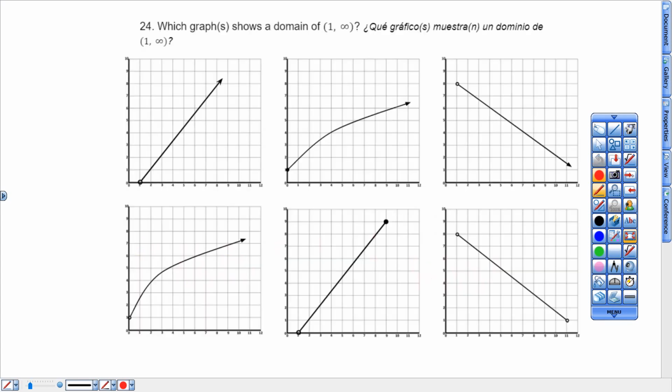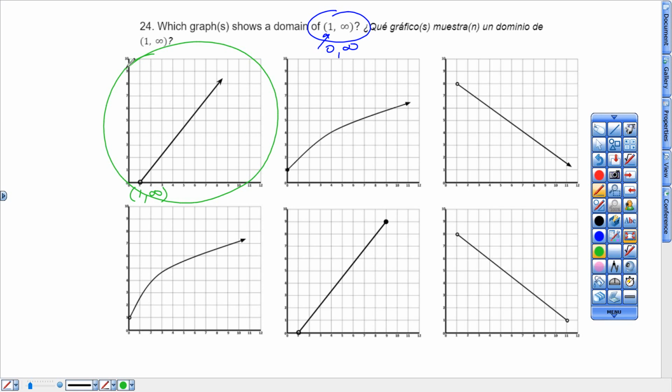All right, moving on. This one shows a domain left to right. This is rounded and infinity. So I'm looking for something like that. So if I'm looking at this guy, this one is definitely rounded 1 to positive infinity. So this one is good.